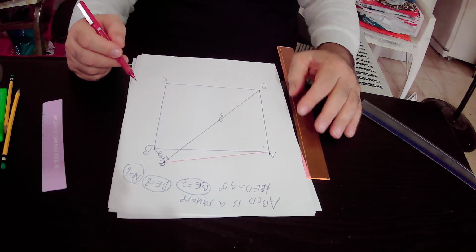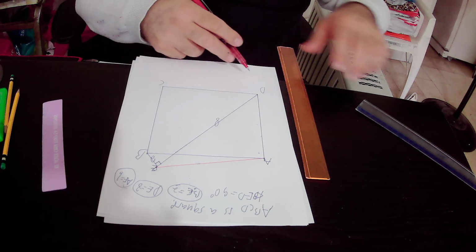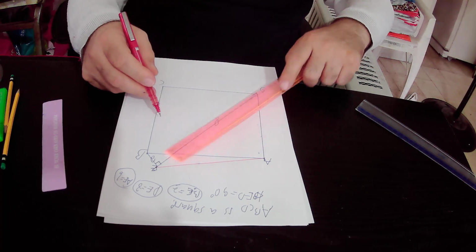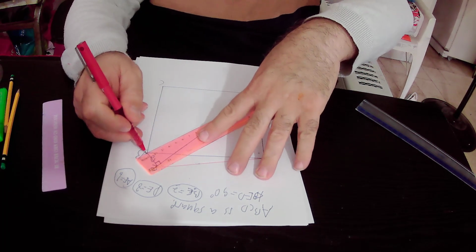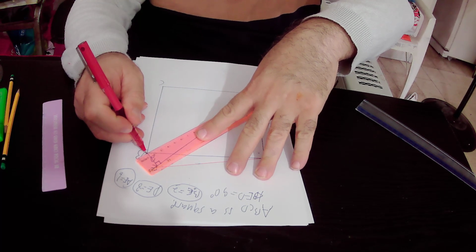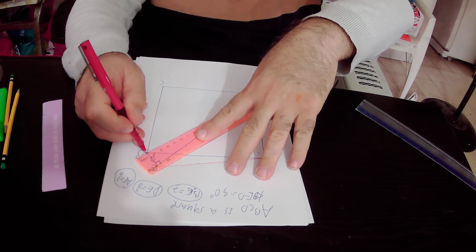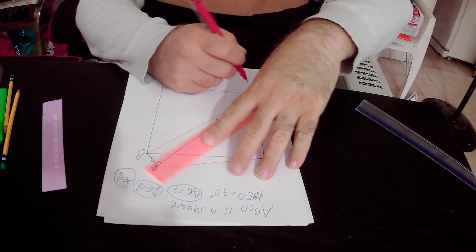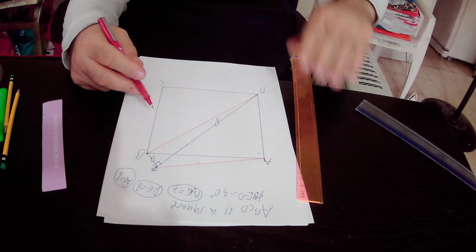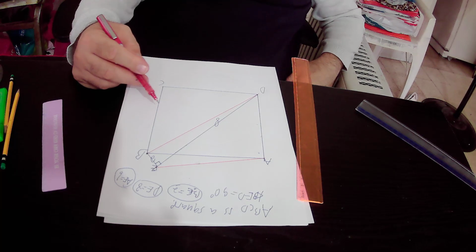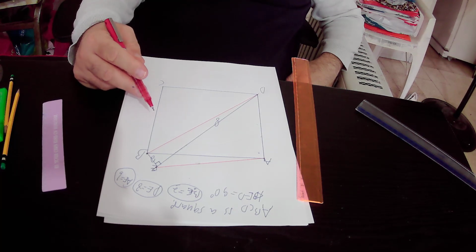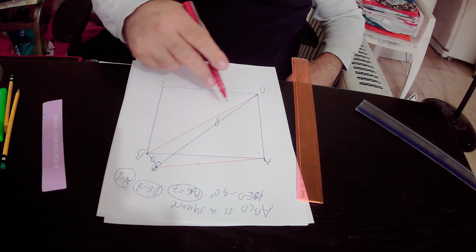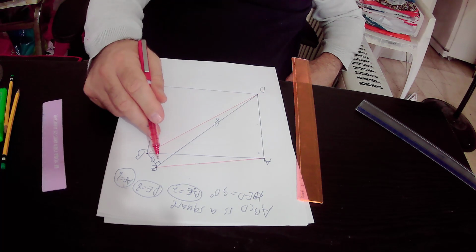First of all, we will join together points B and D by a straight line. BD is actually the diagonal of square ABCD, but triangle BED is a right triangle because this angle equals 90 degrees.